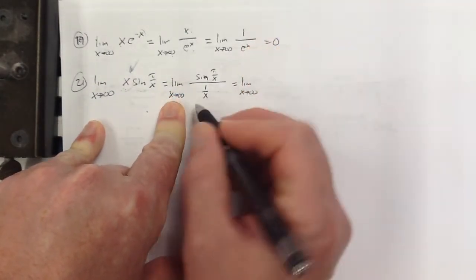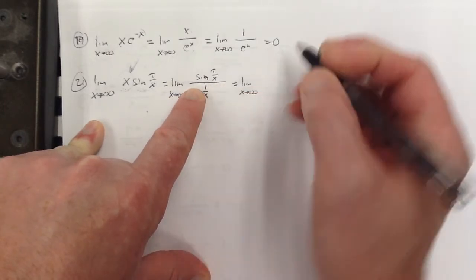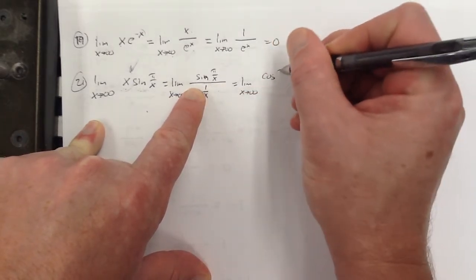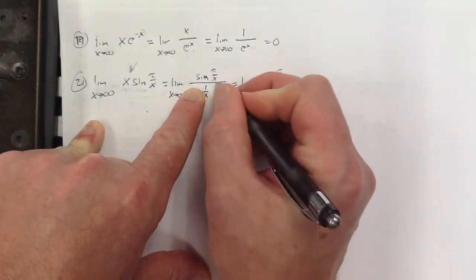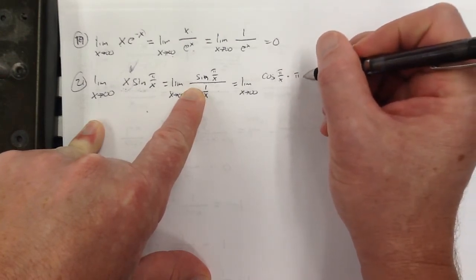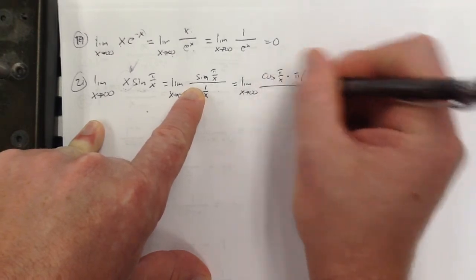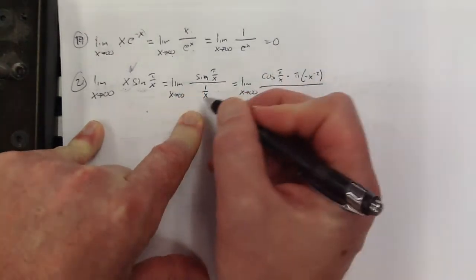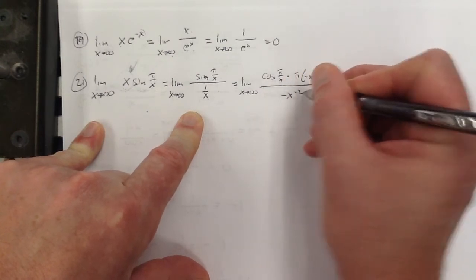Now I'm going to execute L'Hopital's rule. The derivative of sine of whatever is cosine of whatever times the derivative of what's inside. The derivative of pi over x is pi times negative x to the negative 2. And the derivative of 1 over x is negative x to the negative 2.